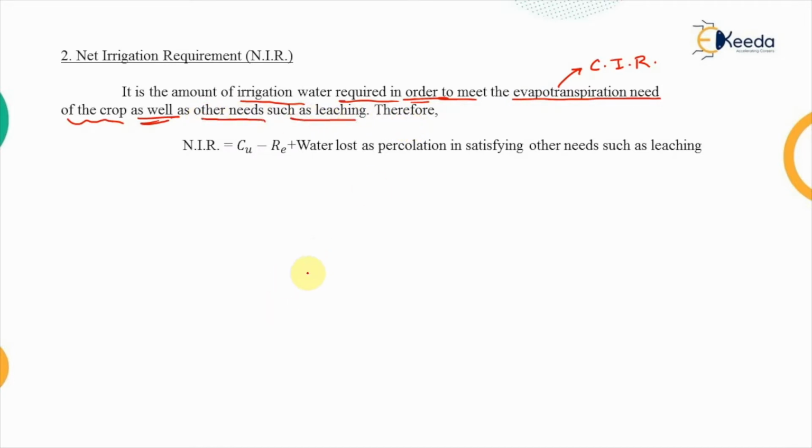Now if we look at the leaching process, what is that? Let's say this is the ground level at which the crop was grown, and these are the roots of the crop.